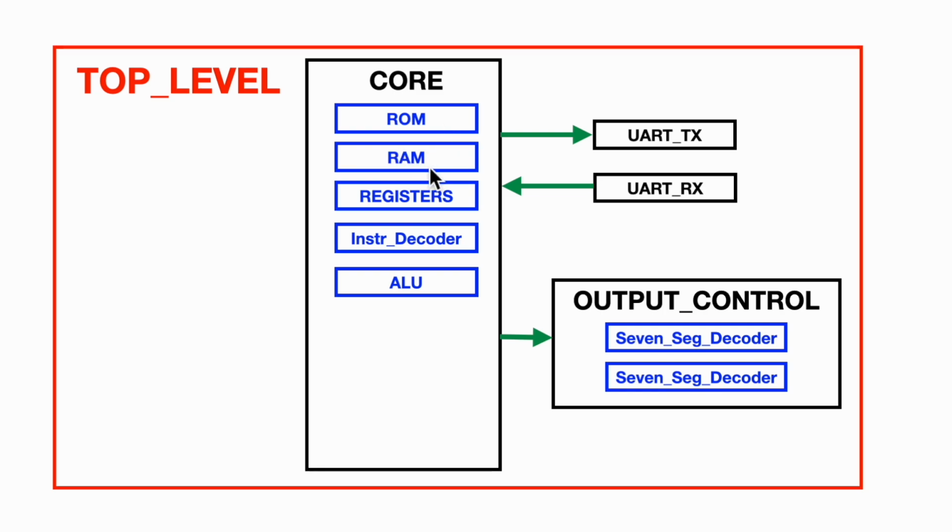The RAM module, of course, will have state, and so we supply an address, and then on the next clock we can get data out of the RAM, or we can set values and store values into the RAM. The module called registers will contain and encapsulate the 8-bit registers. The module for instruction decoding is purely combinational.